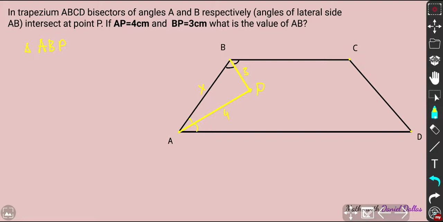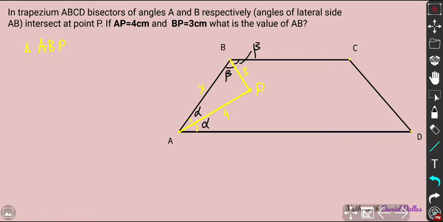Why? Here is a small proof. You have angle B, and we can split it into two equal angles. Let's say beta and beta here, and also alpha and alpha here. That's according to the statement, due to the fact that AP is the bisector of angle A and BP is the bisector of angle B. Do you remember the theorem about two parallel lines?